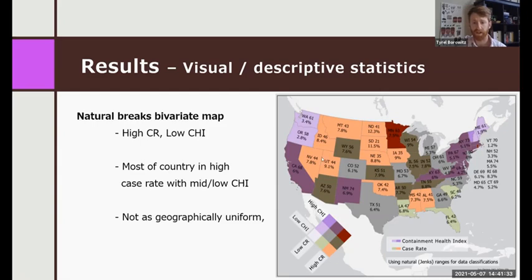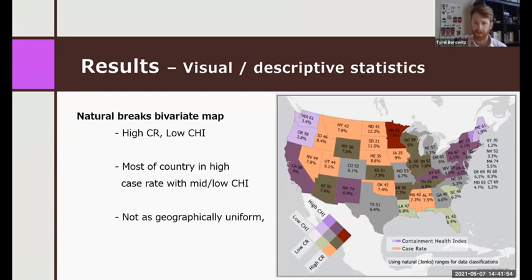That peachy kind of color, everywhere from Nevada going all the way down to the south. A lot of states in that middle part of the country. And then that other category where they have maybe a mid-range containment health index and a high case rate. A lot of these green states too.